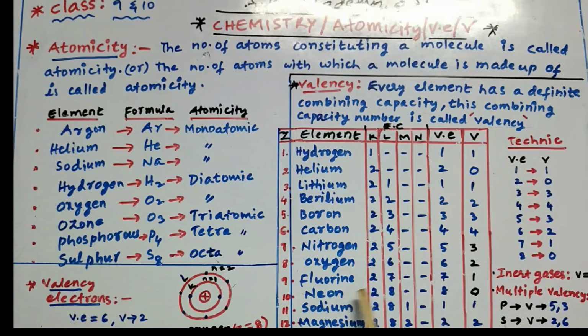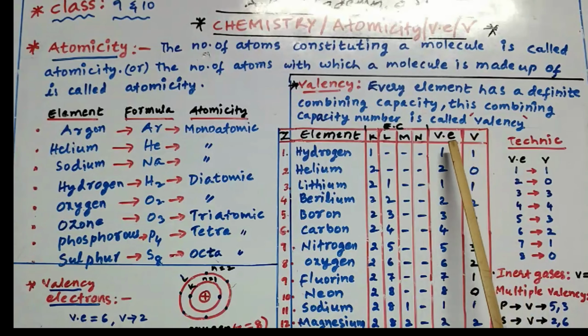It is an inert gas, so its combining capacity is 0. All inert gases have valency 0, children. Remember, sodium's outermost shell electron is 1, so its combining capacity is 1. Magnesium is 2, 8, 2, valence electrons 2 and valency 2.